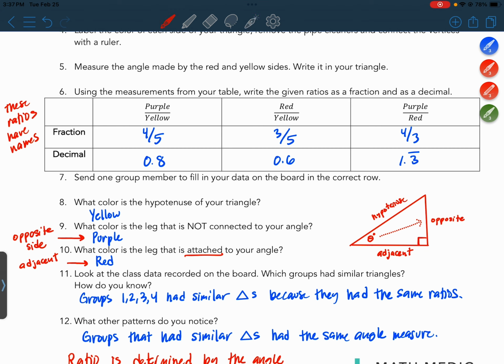So the purple-yellow ratio, that's going to be purple, opposite side, yellow, hypotenuse. So let's write opposite to hypotenuse, and we can abbreviate, just use the first 3 letters. The red to yellow ratio, that would be now known as the adjacent to hypotenuse ratio.